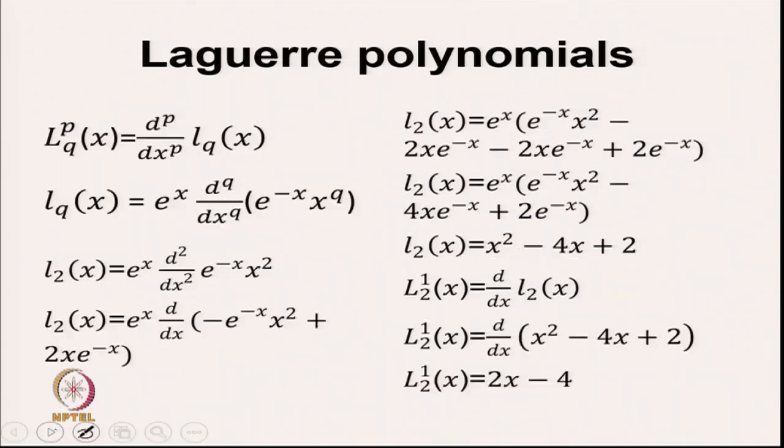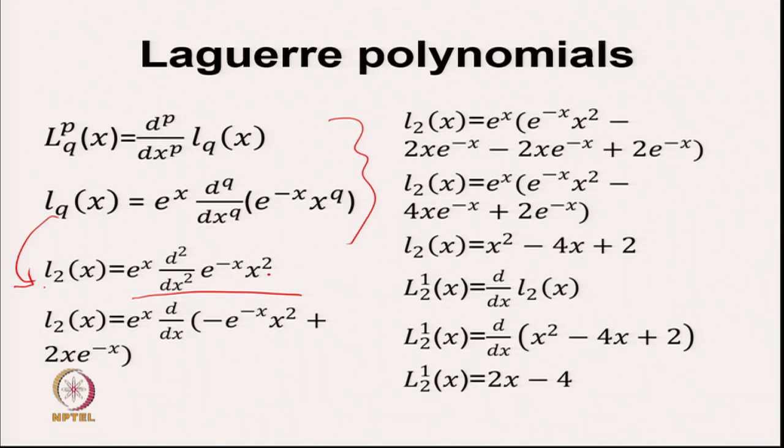So, let us go and see the second one. Again, I have written the same equation here so that you do not get confused. Now, I am going to take q equal to 2. When we do that, this will be equal to e^x d^2/dx^2 of e^(-x) times x^2.